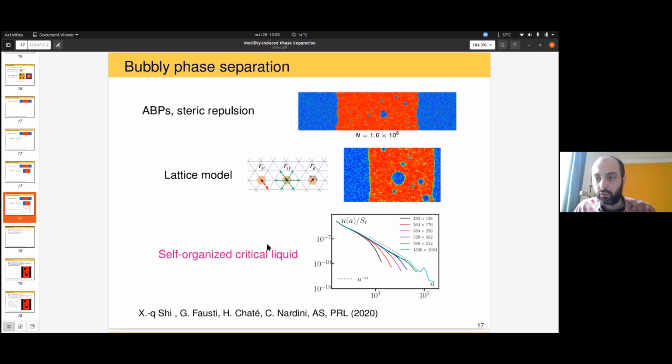But if you look at how the bubbles coarsen in time, it goes slower, as t to the power 0.2, maybe 1/5. And we also don't have an explanation for it.